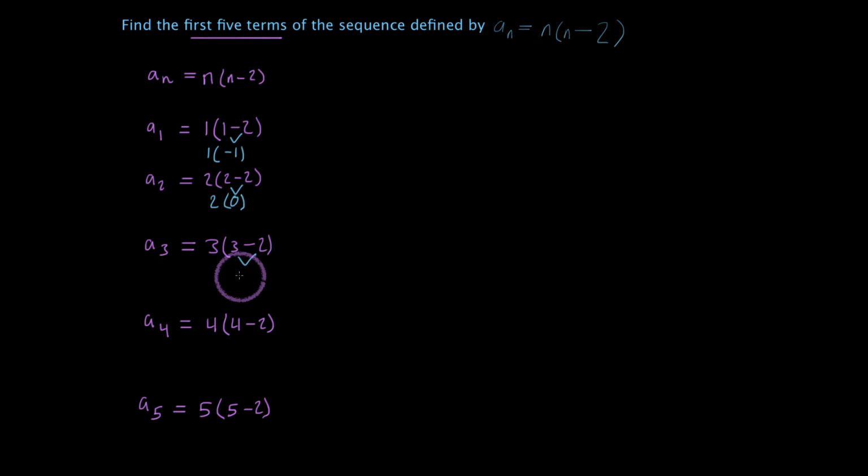For 3 minus 2, I'm left with 1, so now I have 3 times 1. 4 minus 2 is 2, times 4. 5 minus 2 is 3. I'll multiply that by 5.